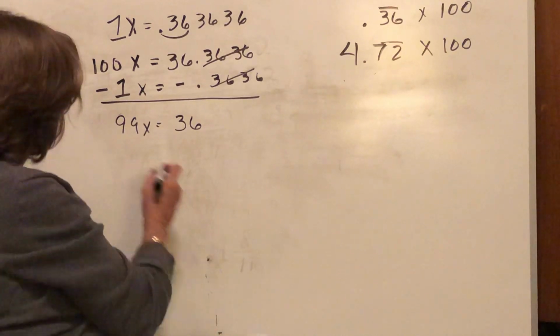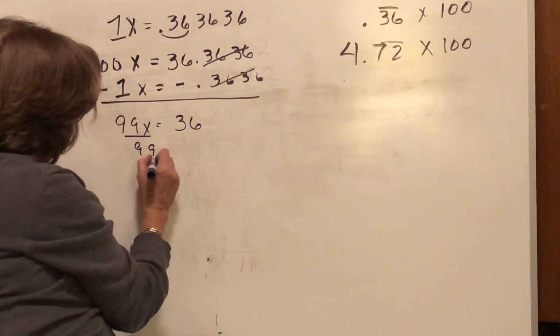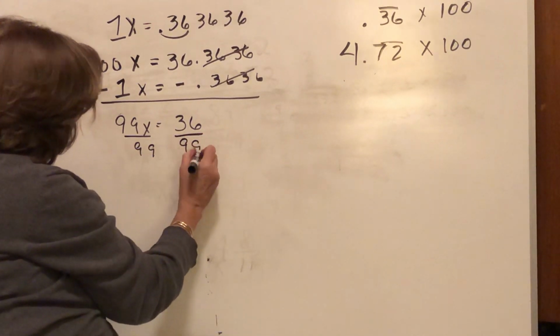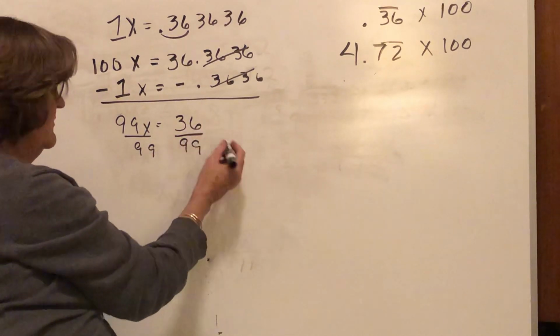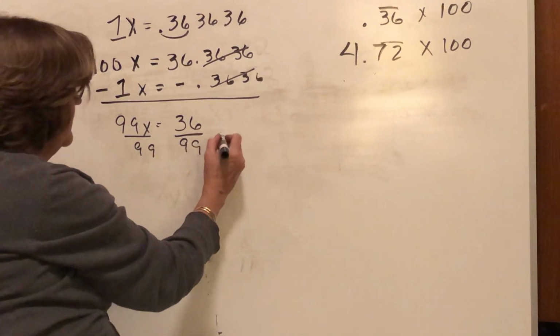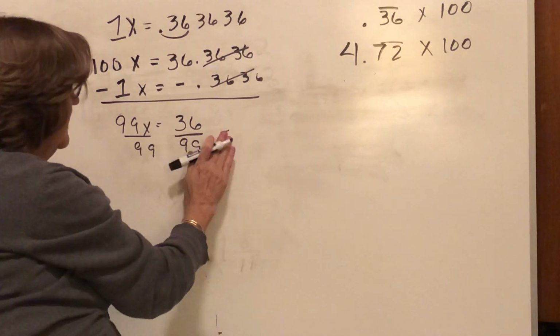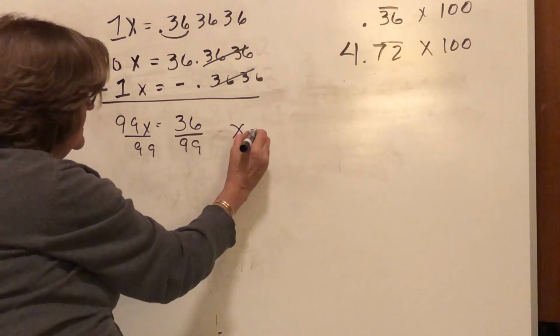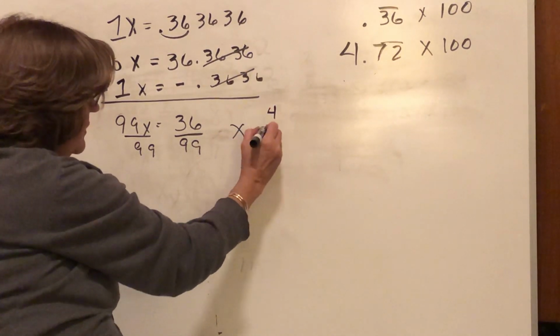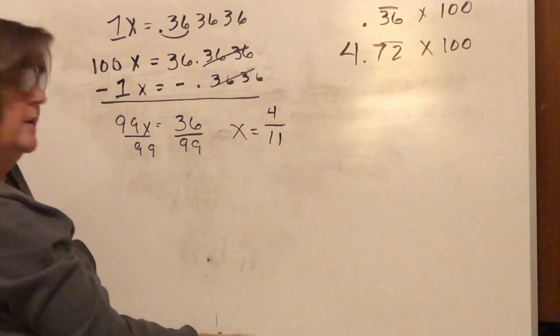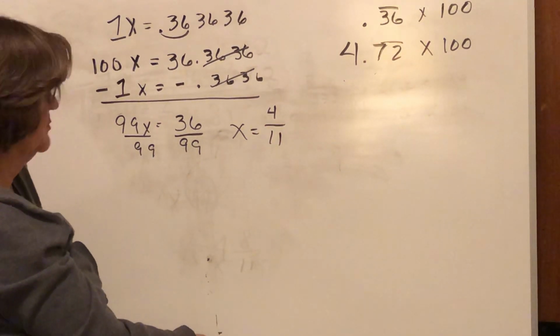I'm done. Divide both sides by 99. And then you can see that this is divisible by 9 and this is divisible by 9. So this is telling me that x is equal to 4 over 11. Pretty simple, right? That's pretty simple.